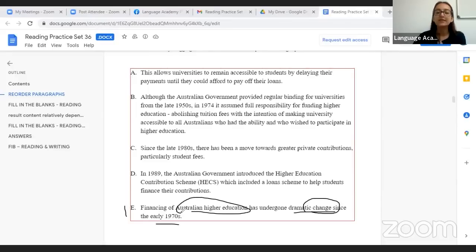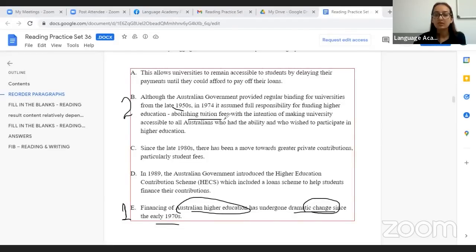That means they are giving the details and the explanations. So first was this, and then the story starts from sentence B. Although the Australian government provided regular funding for universities from the late 1950s, in 1974 it assumed full responsibility for funding higher education.